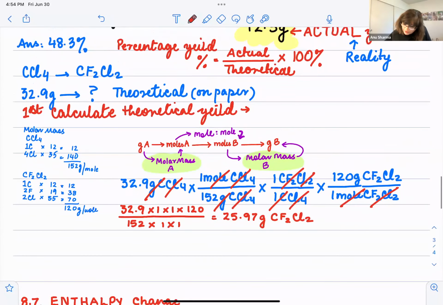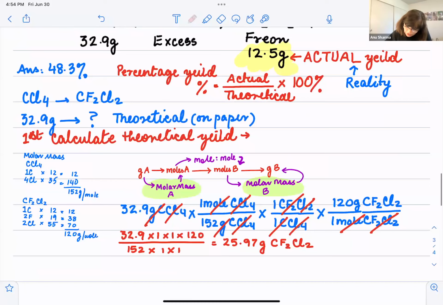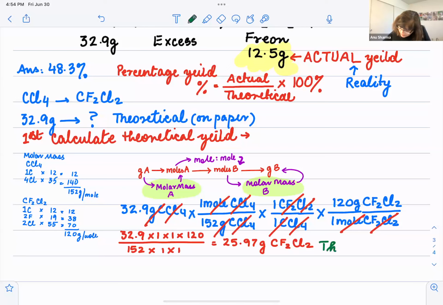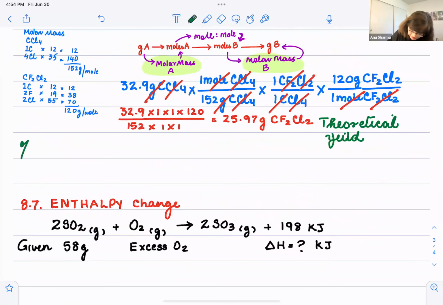In theory, we produce that, but the actual is different. So let me put this here. This is the theoretical amount, or theoretical yield. Next you just do the percentage yield.